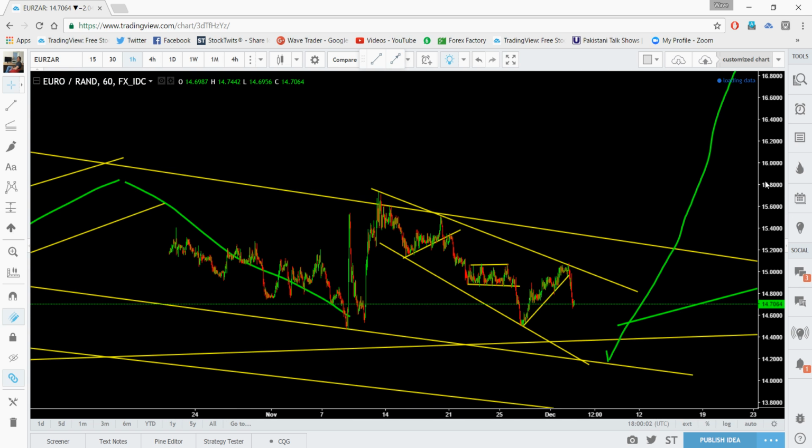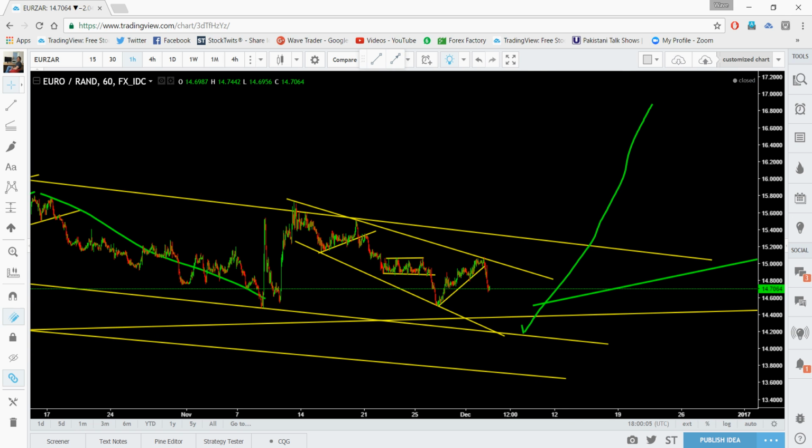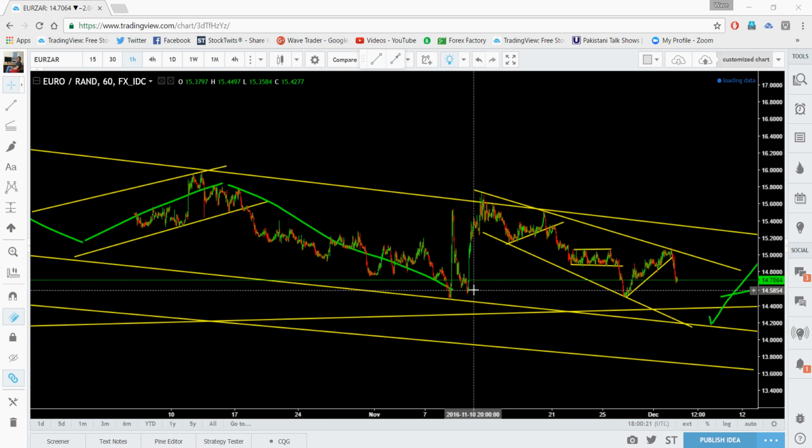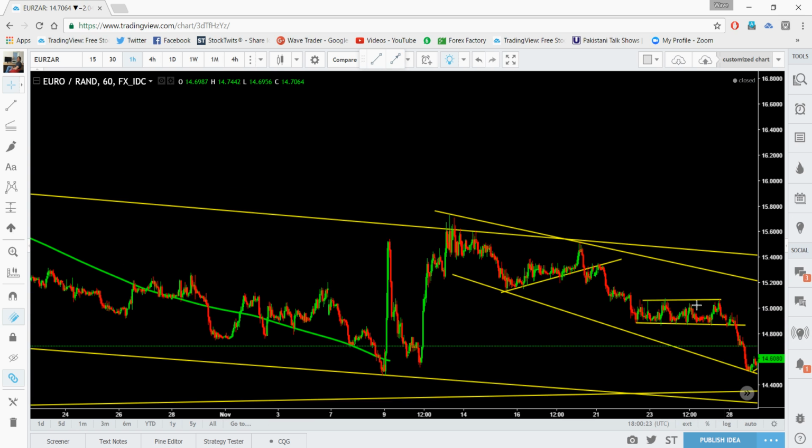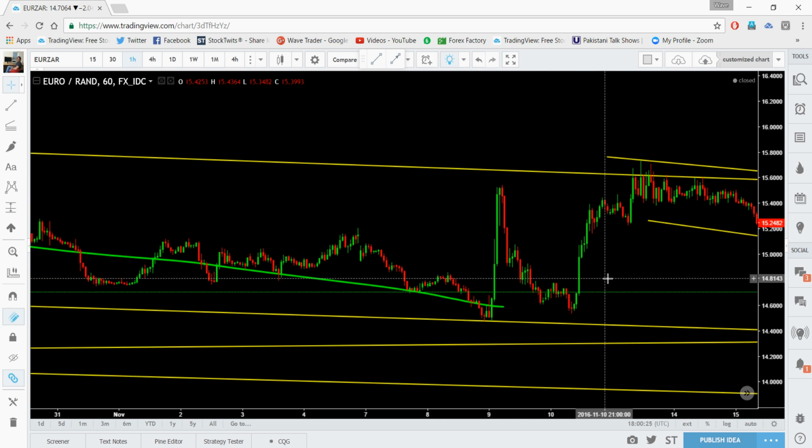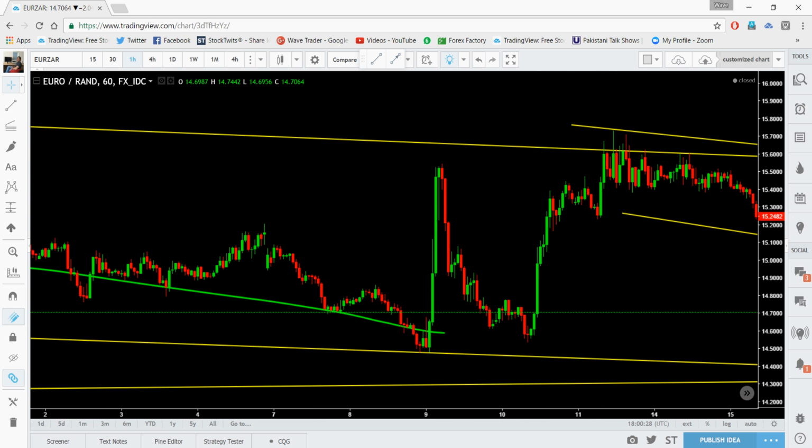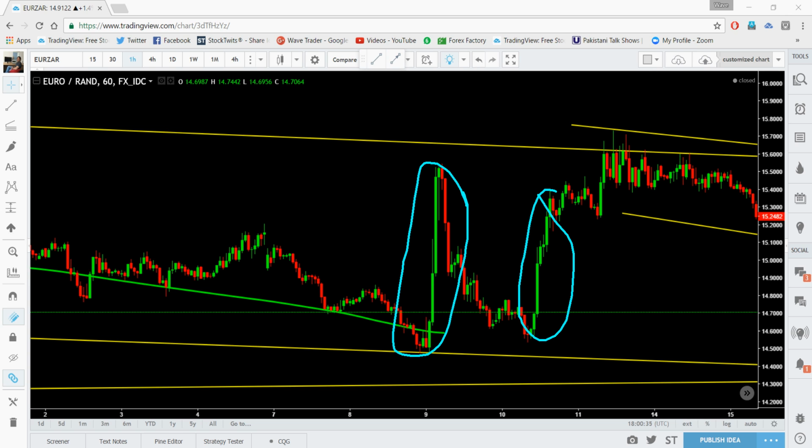Once the bigger wave appears, it is going to be really strong, so it will not give you enough time to close your trade at break even. Maybe it will stop you out on your stop loss. That impulse is going to be really sharp, and within three to four candles, price will leave the corrective channel.